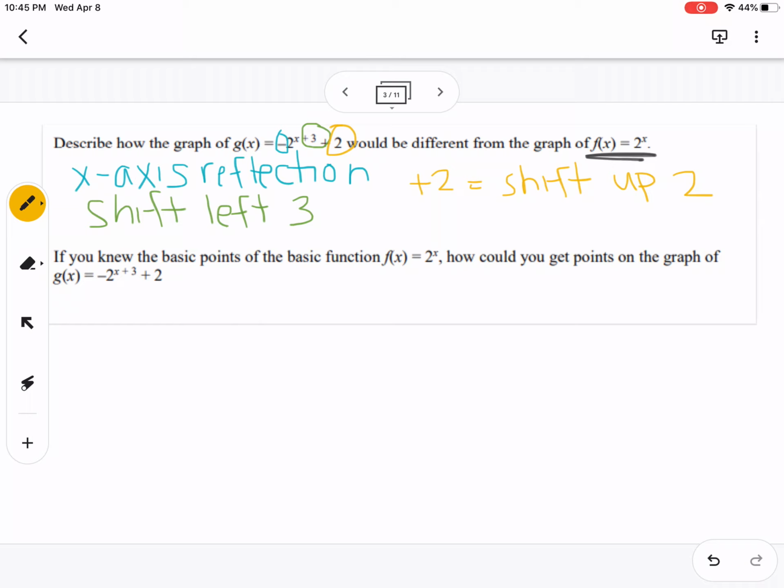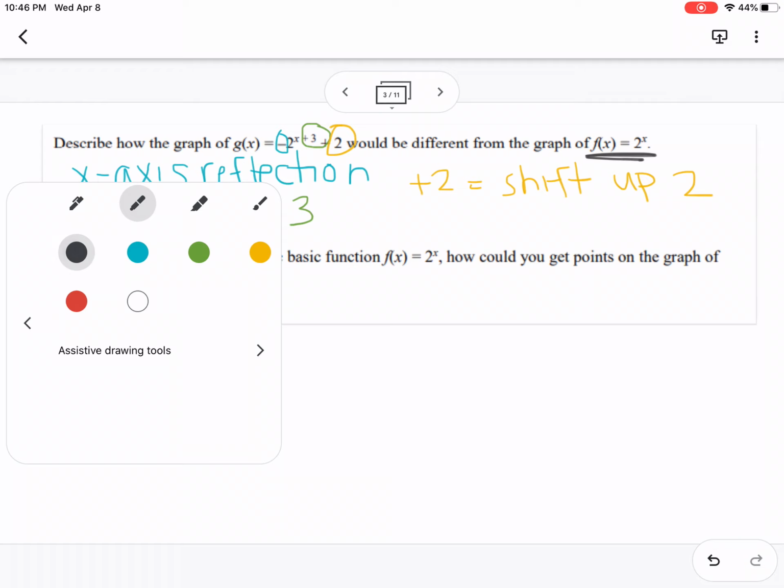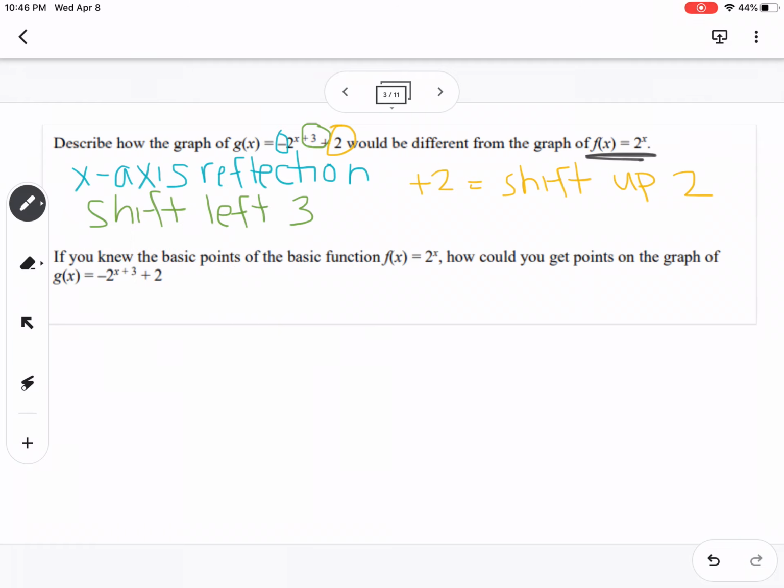Okay, if you knew the basic points, how could you get the points on the graph of g of x? So this is going back to unit 1, where we're just going to take the original x, y, and we're going to write a new rule, okay? So if we shifted left, and it was an x-axis reflection, so that affects the y, our x is going to be x -3, okay?